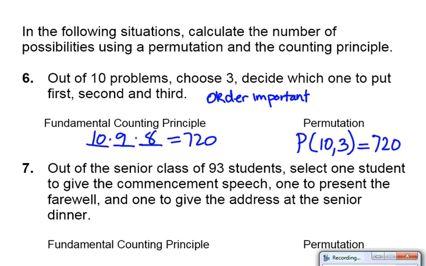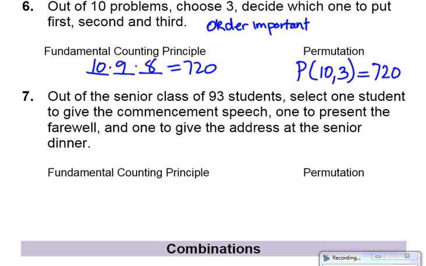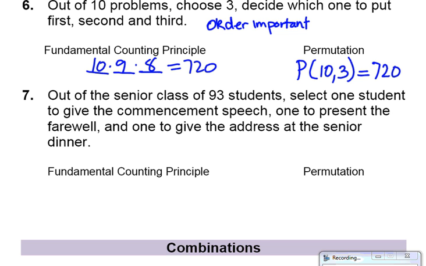Number 7: out of the senior class of 93 students, select one student to give the commencement speech, one to present the farewell, and one to give the address at the senior dinner. If they're all equally likely to occur, we don't have any favorites, then this is how many choices are out there. So we have 3 places to fill.